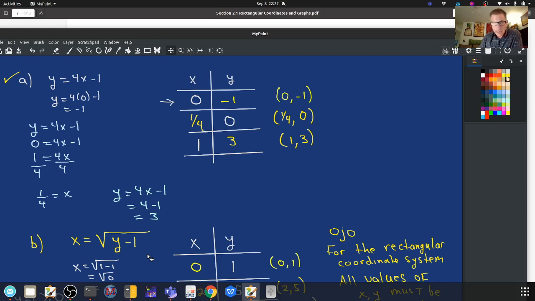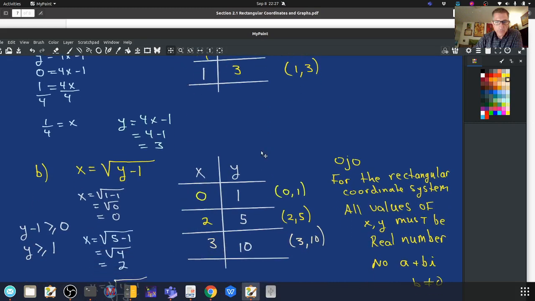And then I have 0 and 1, 2 and 5, and 3 and 10 for x is equal to the square root of y minus 1. And then we will actually look at y is equal to x squared minus 4.